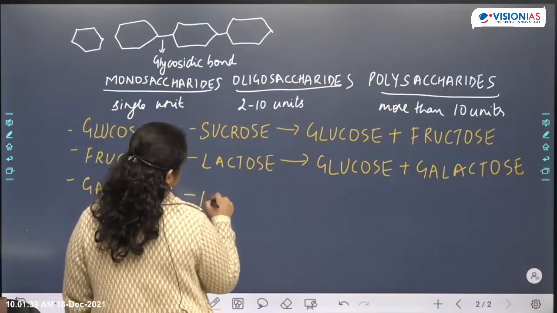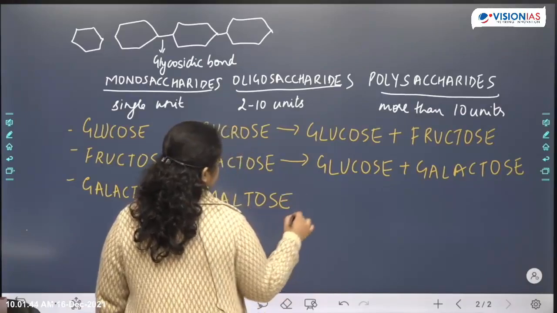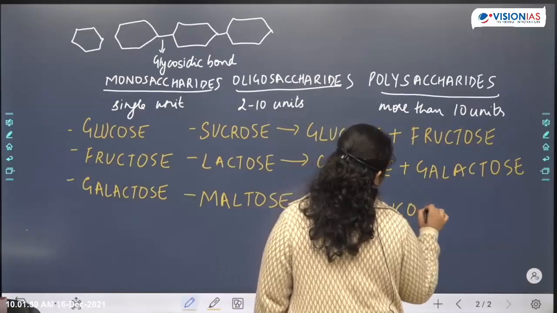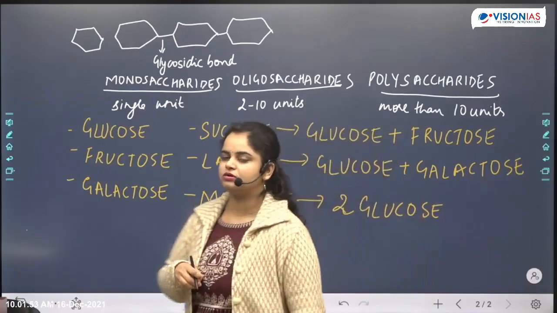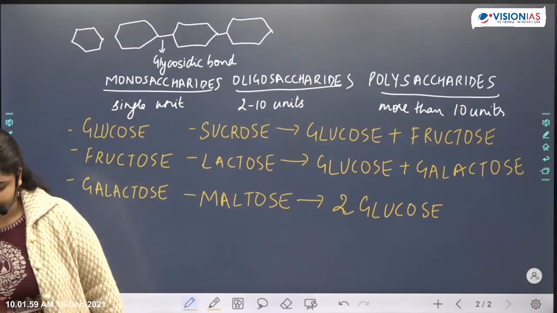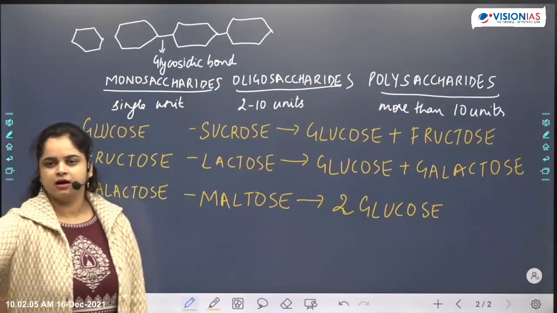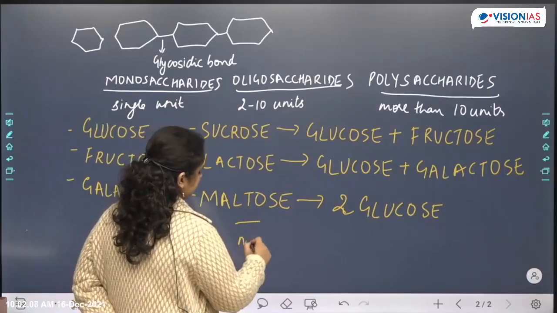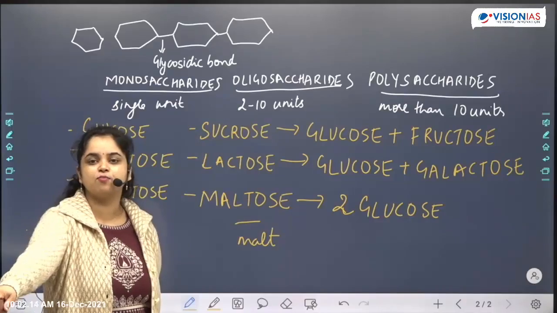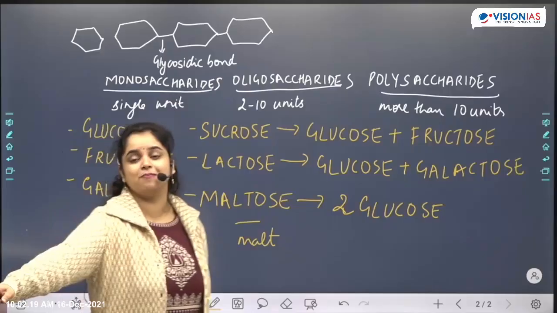And the third one is maltose. This is now 2 units of glucose. Glucose plus another glucose is what gives us maltose. So maltose is available in the form of all the malt based syrups. The syrups which we get from corn, from barley, like we have something called maple syrup.